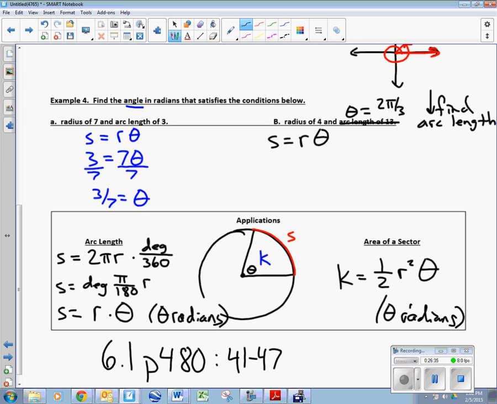Do we know S? Nope, we're finding that out. Do we know the radius? 4. Do we know theta? 2 pi over 3. What's 4 times 2 pi over 3? That's the arc length. A much simpler formula to use than the previous one, isn't it?